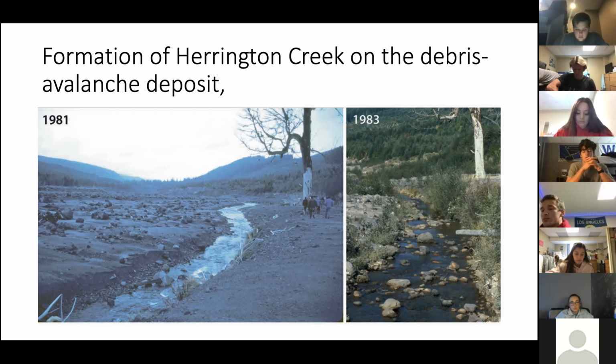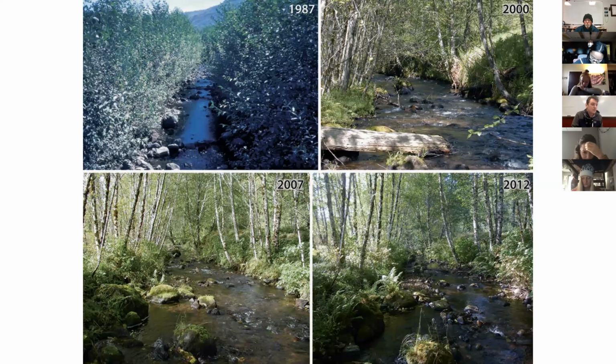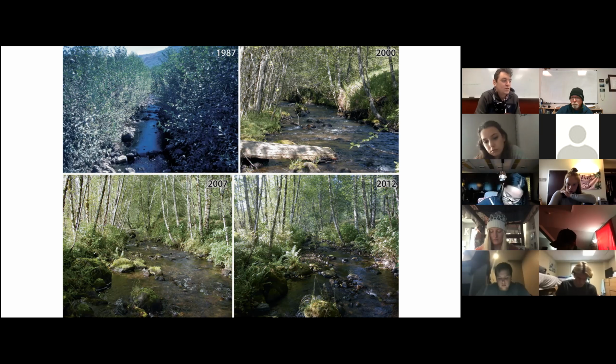So this is an example of what's called Harrington Creek that has developed into a really nice riparian zone over the years. Notice that as the initial trees that first colonize get larger and start to form a canopy, they also stabilize the soil through which the creek flows and provide shade for plants that maybe can't tolerate the bright, high light conditions of the first few years after the eruption, but now can do pretty well along the moist, shady streams.